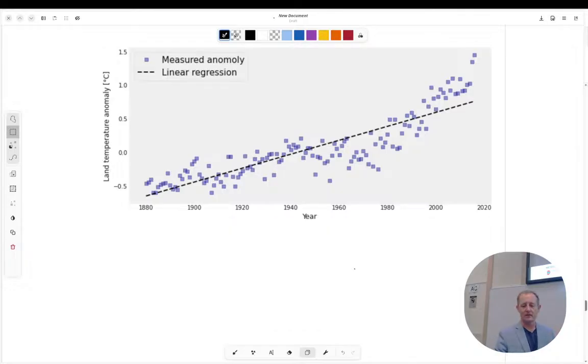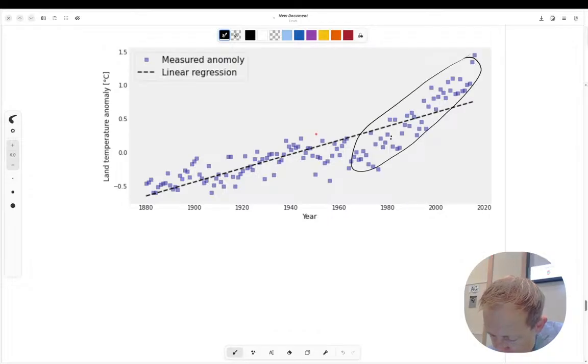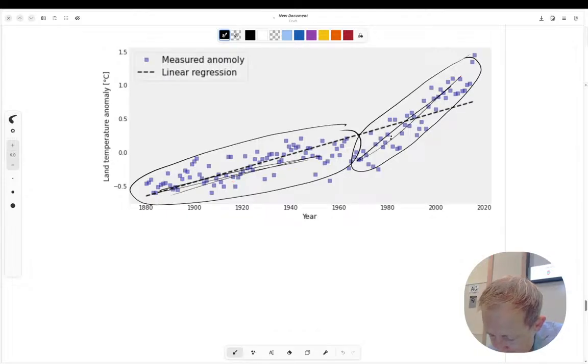We can do other fits, but if you say temperature and time is linear, you will find the best linear line through it. But roughly, this slope and that slope kind of look different. It seems like there's something different there.